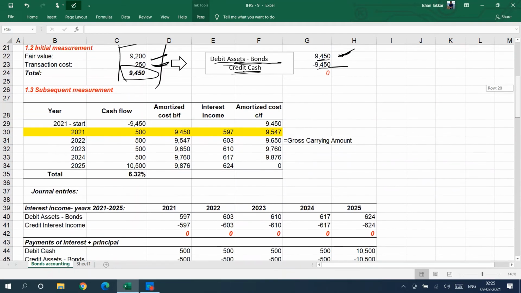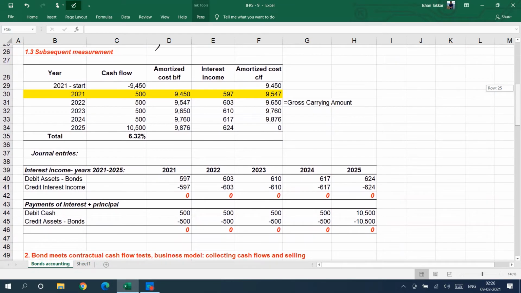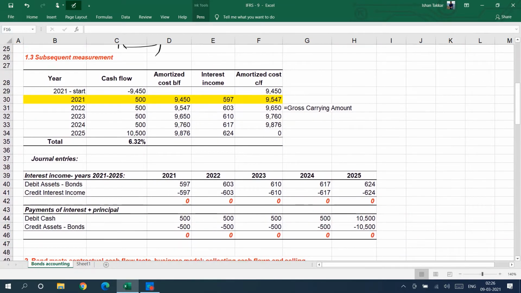how to calculate the amortized cost for each year and what interest income you will earn. Just tell me what interest income you earn. How much have you invested?